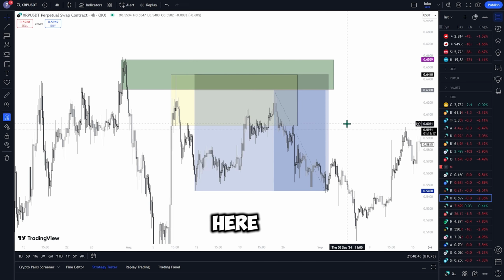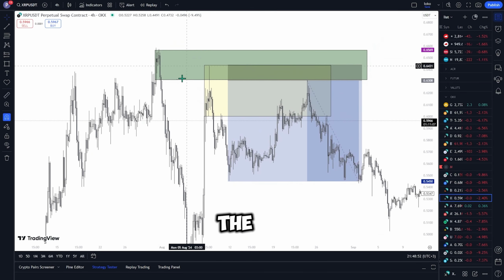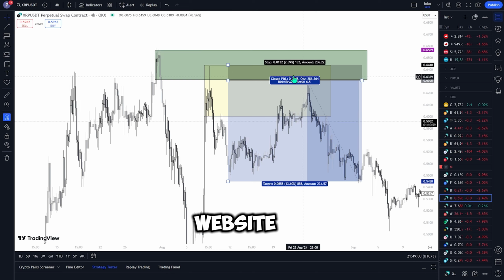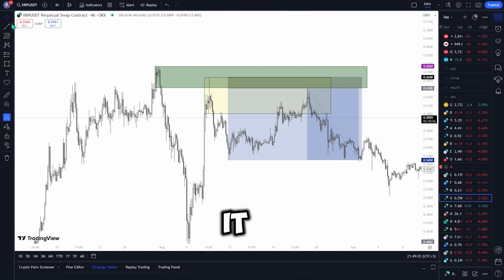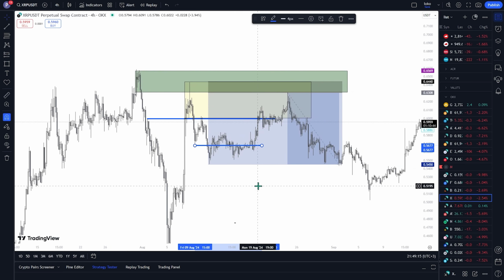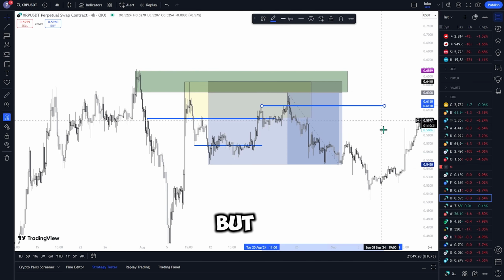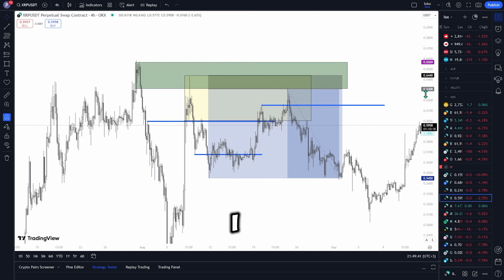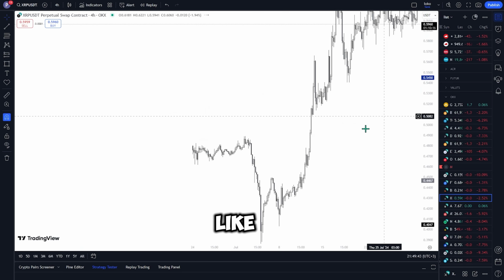I'm marking here, and it's a good deal because the wick touched our point of interest, captured the whole liquidity on the left side, and after that we tested a second time and it has a good breakout of structure here. But after that the price went in a bearish movement, though on this side you can say the structure movement was perfect, and this deal is only at your own risk. It's 50-50, and I don't really recommend you open deals like that.